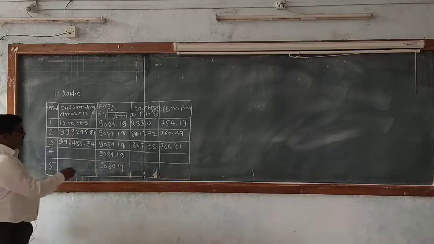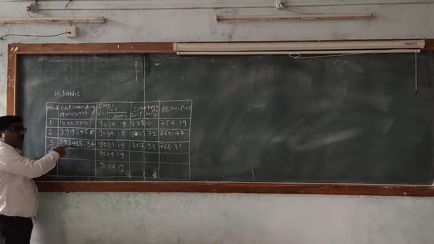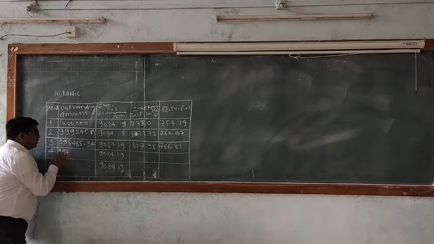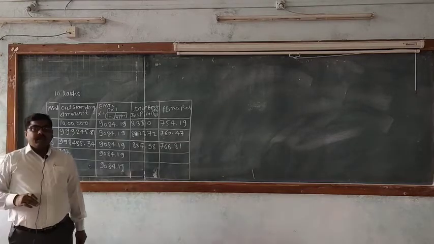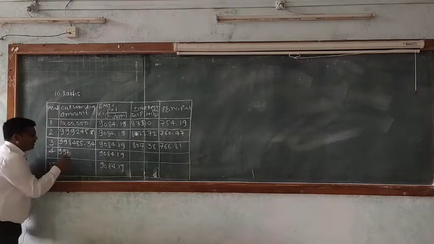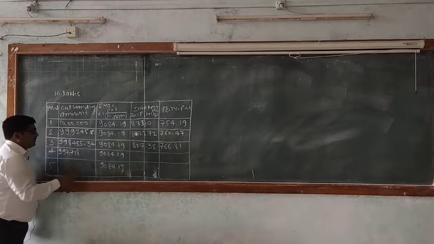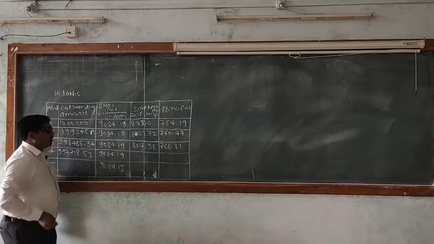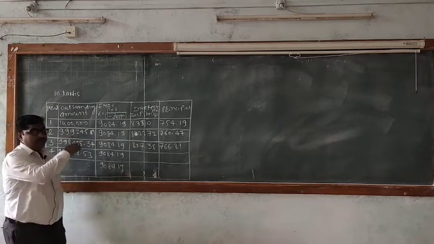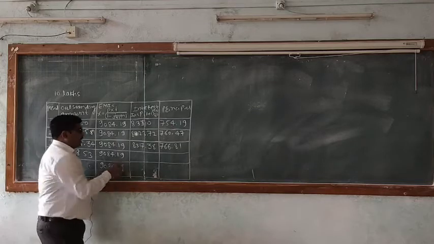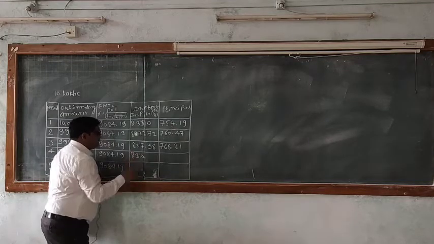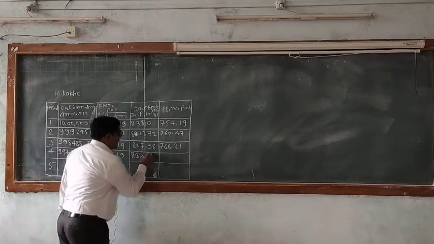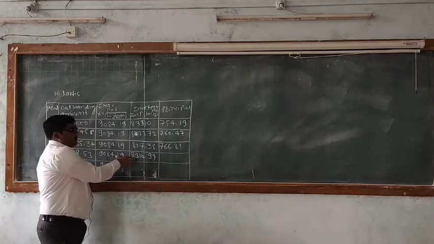Then same, this principal is subtracted from this one, then 9,97,000.53. Then by using the compound interest formula, we can find out 8,310.99.